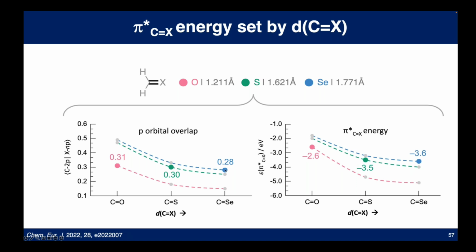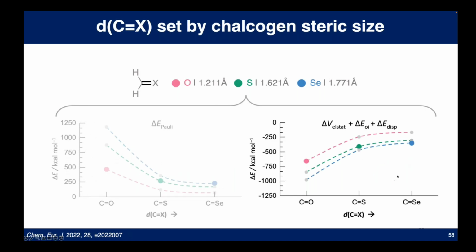So what you see here is if selenium would be allowed to be as close as oxygen, then it would have a larger overlap. And here are the pi stars, which show that if selenium would be able to come close to carbon, then it would also have a higher lying pi star. But it's not the case. And why is that? So here you can see it.